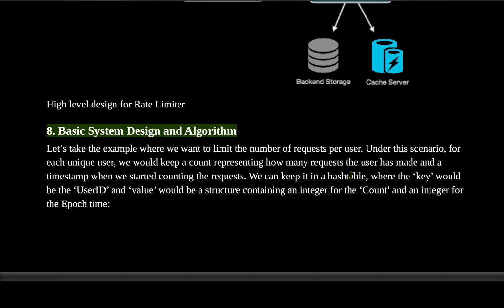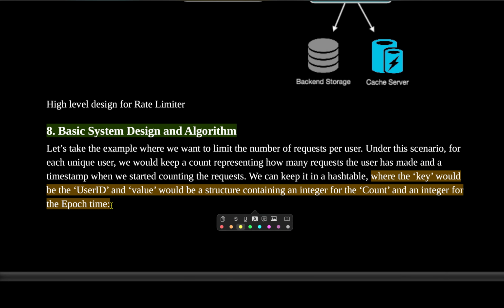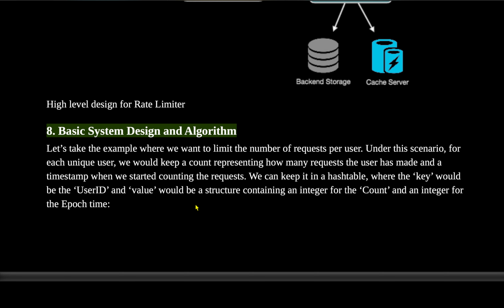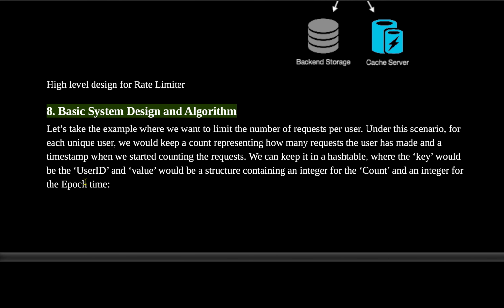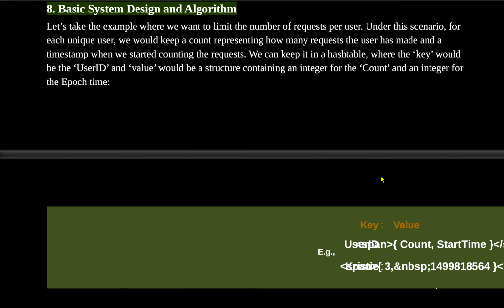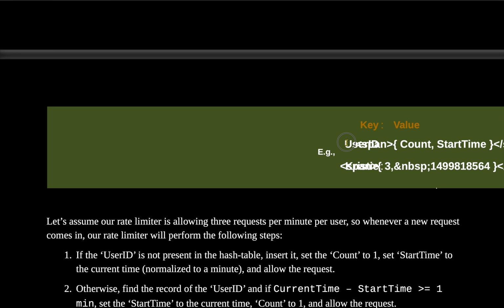We can keep it in a hash table, or a cache, where the key would be the user ID and the value would be a structure containing an integer for the count and an integer for the epoch time. So it is clear: user ID to a structure for count and epoch time, and that is what is here: user ID, and I know it's not visible, but count, start time.